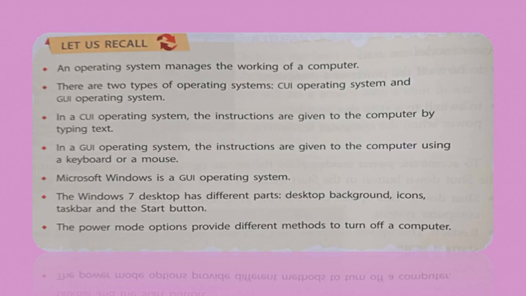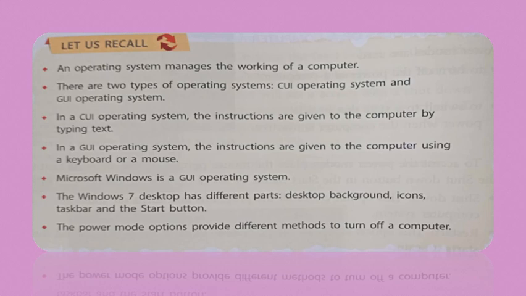In a GUI operating system, the instructions are given to the computer using a keyboard or a mouse. Microsoft Windows is a GUI operating system. The Windows 7 desktop has different parts: desktop background, icons, taskbar and the start button. The power mode option provides different methods to turn off a computer.